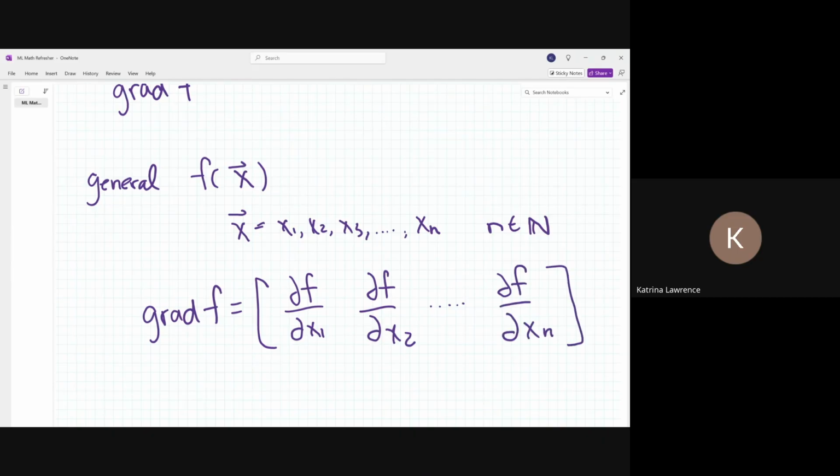So this general notation will help you understand how far you can stretch it. If you have 100 parameters, 1,000,000 parameters, 1,000,000,000 parameters, you can use this same notation.